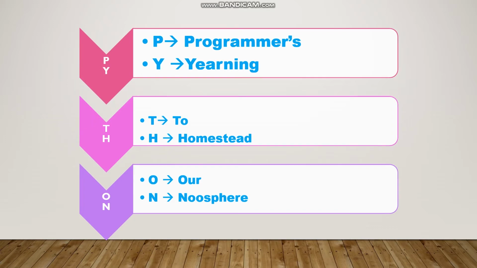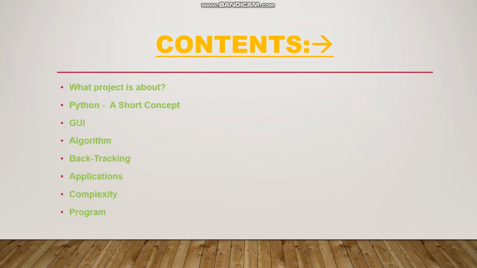Looking at all the GUIs, let's move to the Sudoku GUI solver and have a look at what we'll be talking about today. We'll discuss what the project is all about, what Python is, and a short description of the GUI concept. We'll introduce algorithms, discuss the backtracking algorithm we used in this GUI, its applications, and mainly its complexity and how we find that.